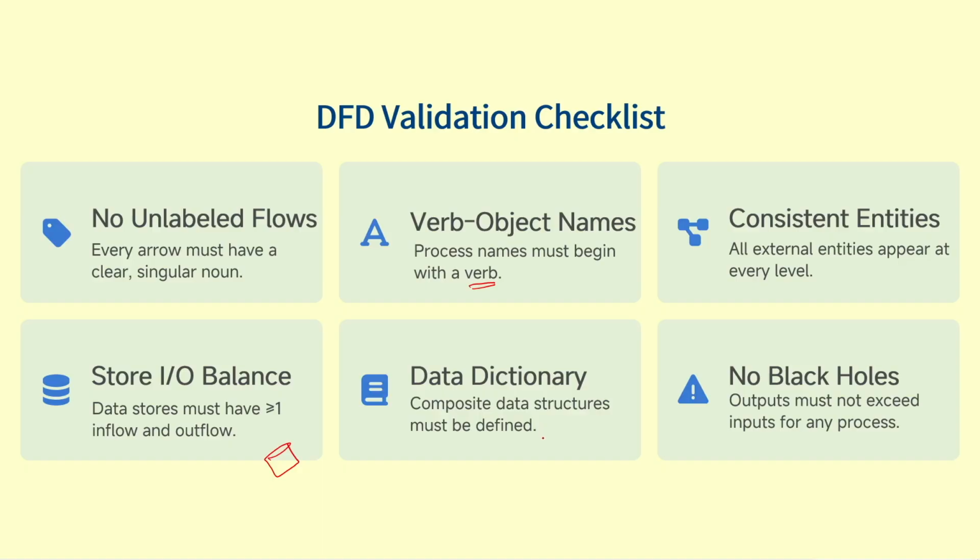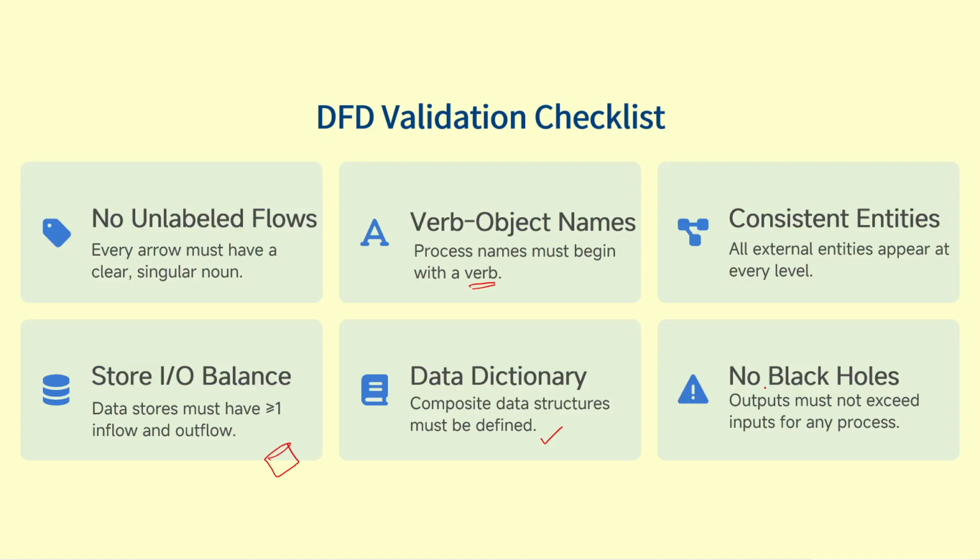The next one is the data dictionary. The data dictionary is information about the data itself. It gives you the complex data structures, and it should be defined for each and every entity and process involved in the DFD. The main important validation checklist item is that it should not have black holes.